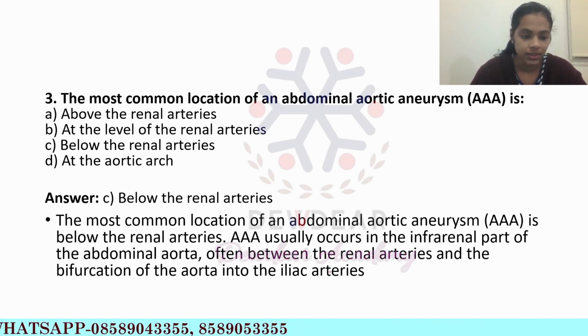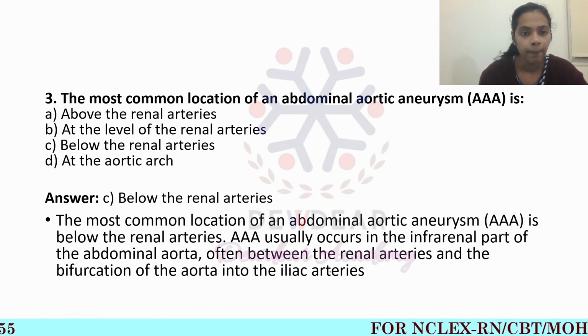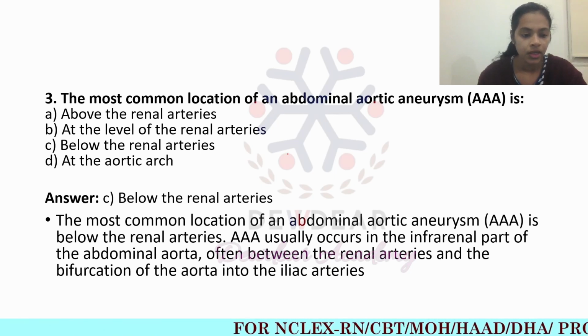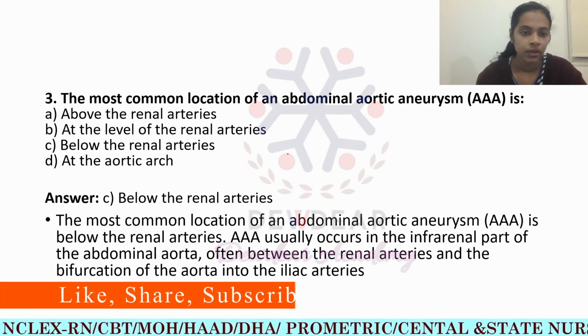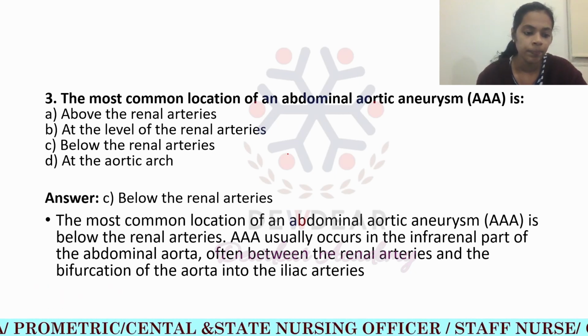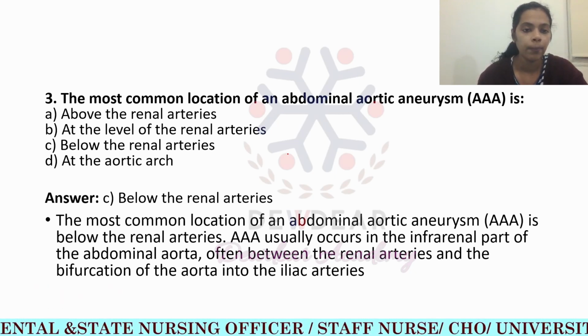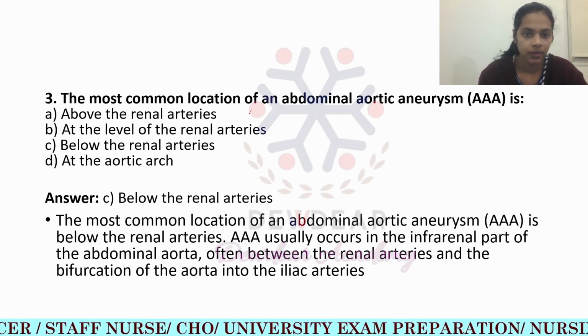The region of the aorta above the renal arteries is known as the suprarenal aorta. The aneurysms can occur here, but they are less common because of the supporting structures and the lower pressure gradient compared to the infrarenal aorta. So this is not the correct answer here.